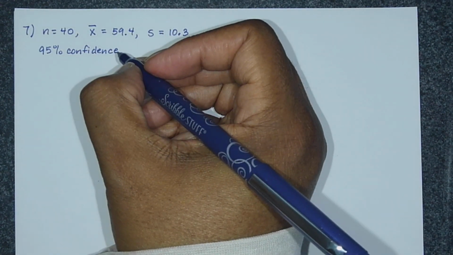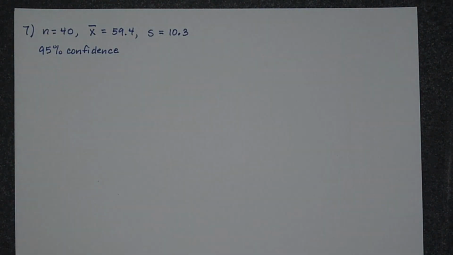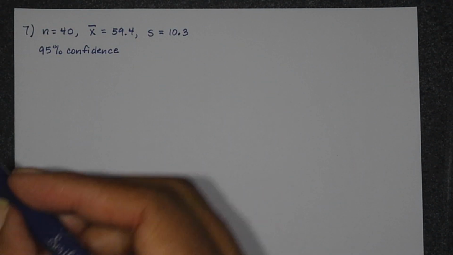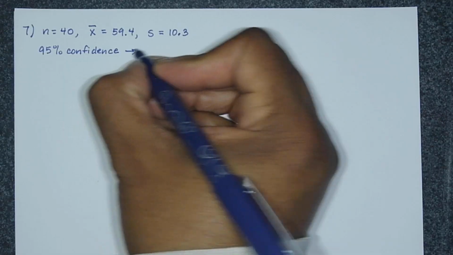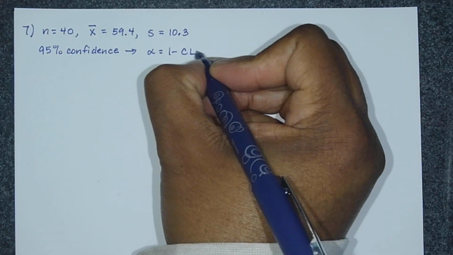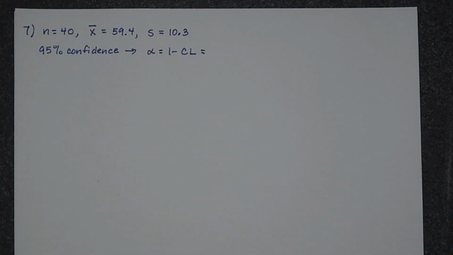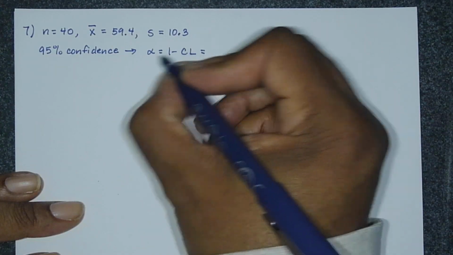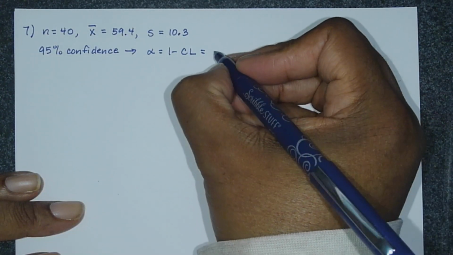Now we're doing a confidence interval estimate of a population mean. So that means here I need to know this. And CL represents the confidence level. Okay. So in this case here, my alpha level is going to be 1 minus the confidence level.